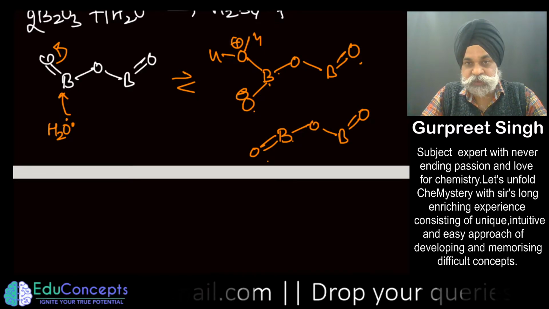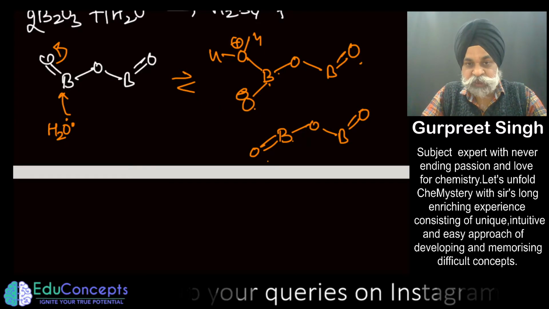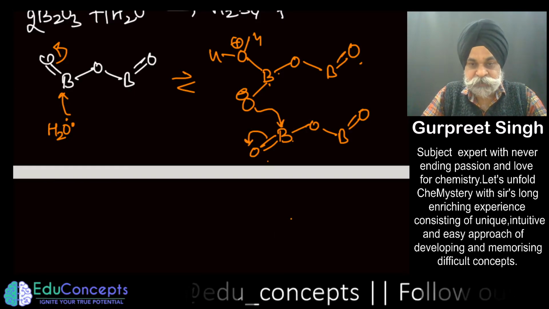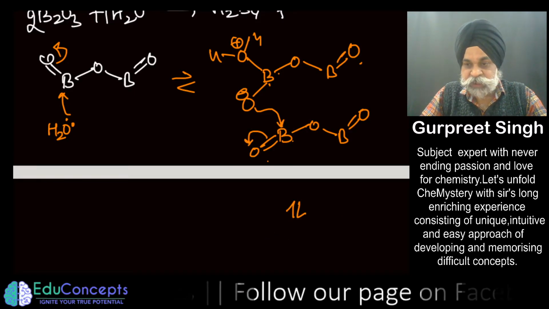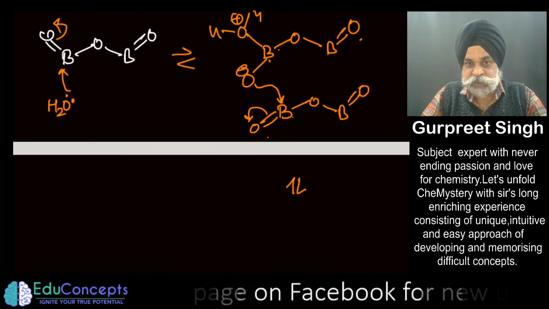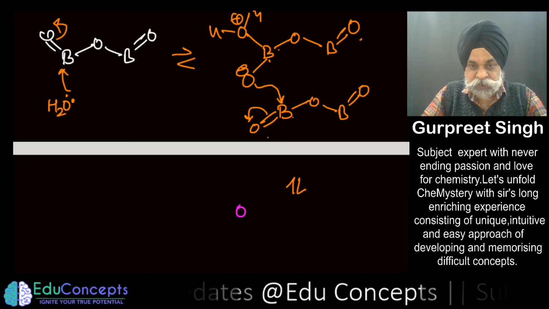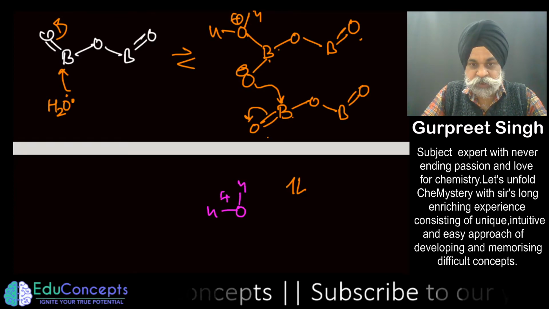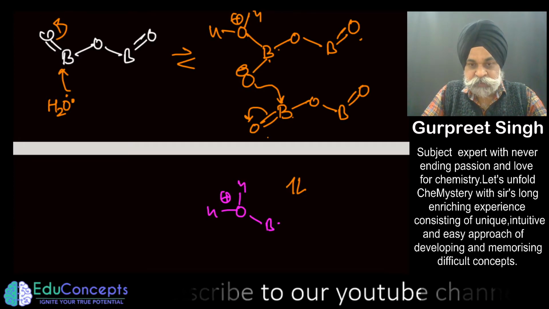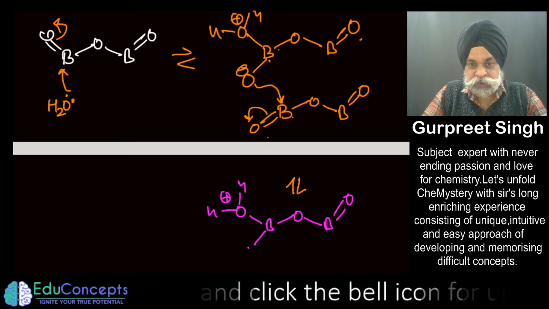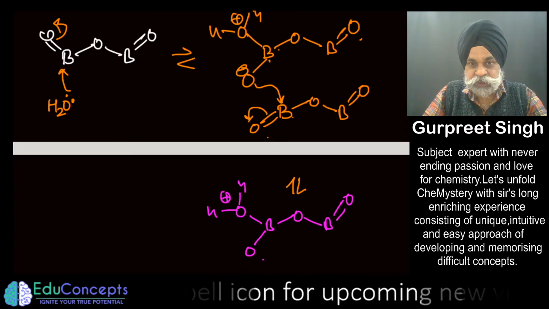Because only one water molecule I have to add, I can place it here and this will move further. Now I can write something like this. Just concentrate here very carefully. So OH, this is still the positive, BOB double bond O. So this is what you have, the oxygen.